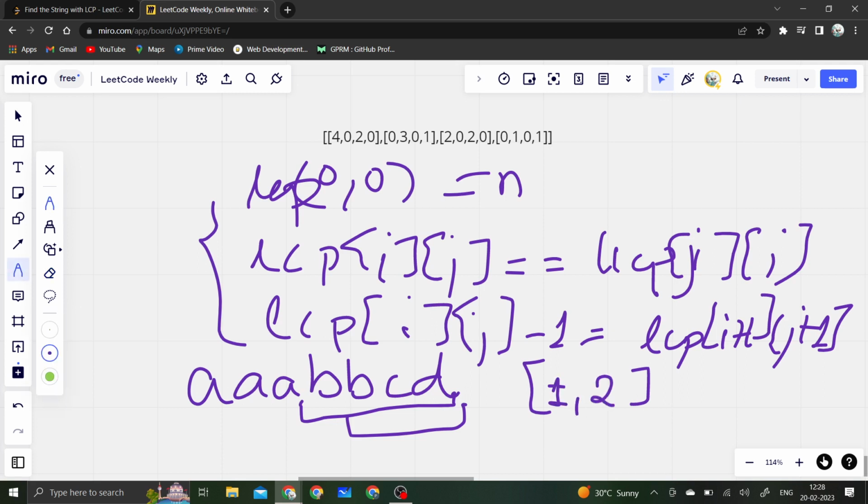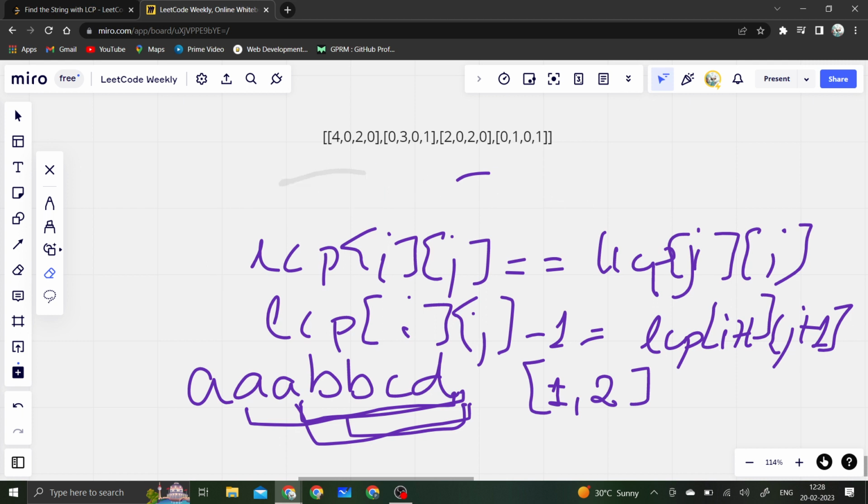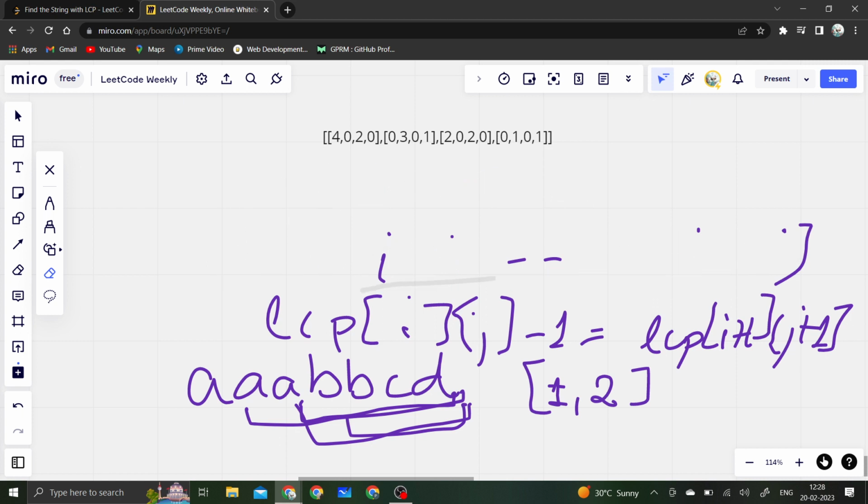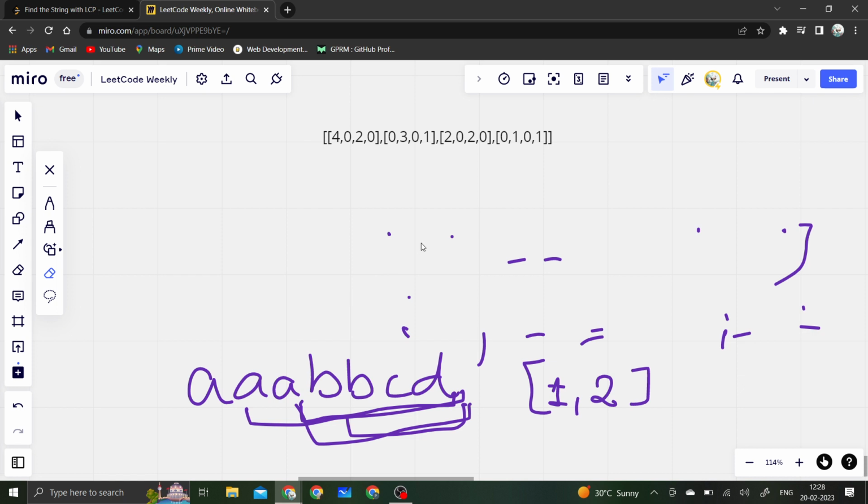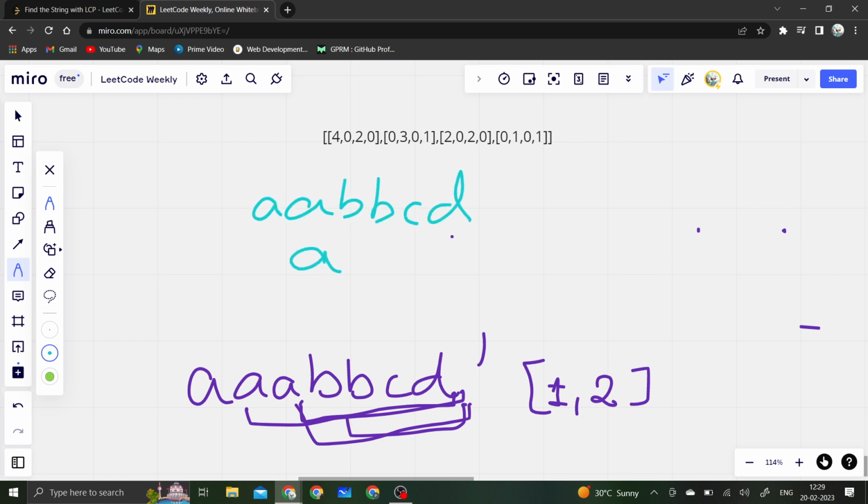If we have 1 comma 2, right? So we will be cutting from here to here, right? So let's write them down here. That is a b b c d, and we will be getting a b b c d, right?